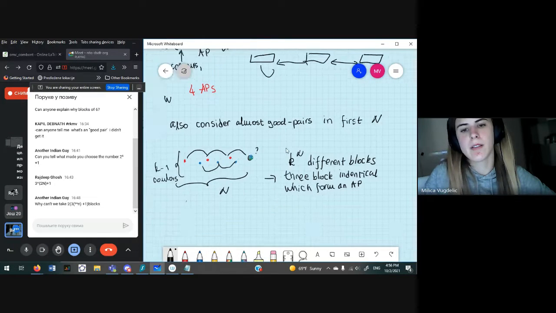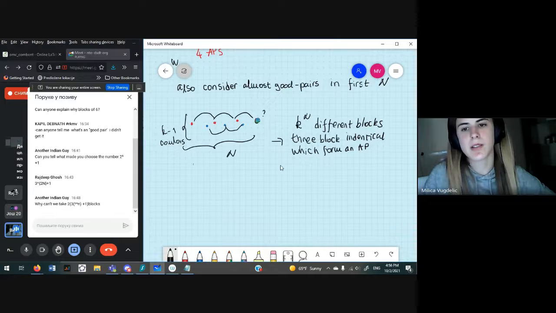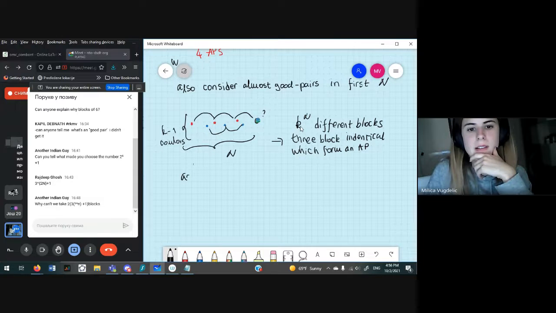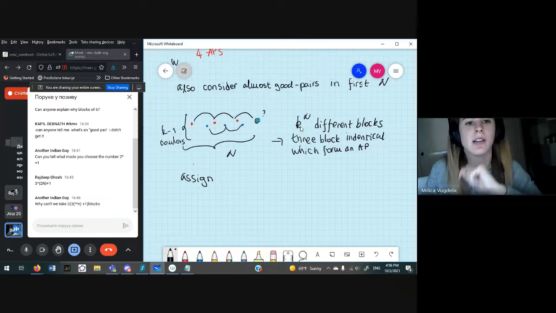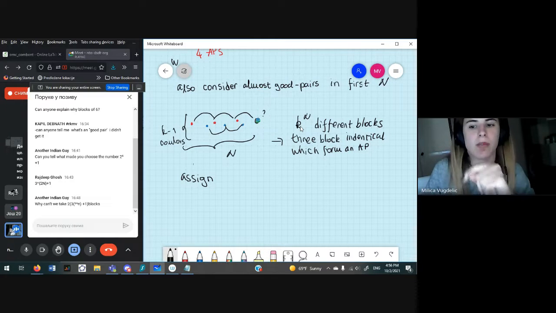And this is actually good because with that we have reduced this. Like we could assign every block a color because there are k to the n. We will assign k to the n colors, but we're using 3 long APs, so that's good because we're double inducting, and first we're taking care of the length of the AP, so we know that is fine.